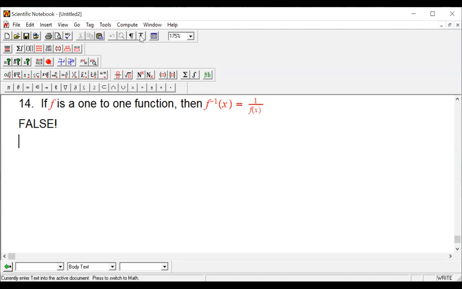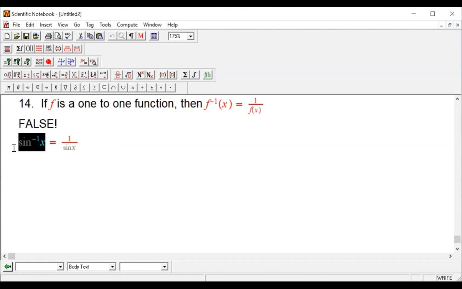Common mistakes are, for example, people will say, hey, arc sine x equals 1 over sine x. This is a very common mistake. These two functions are not the same at all.